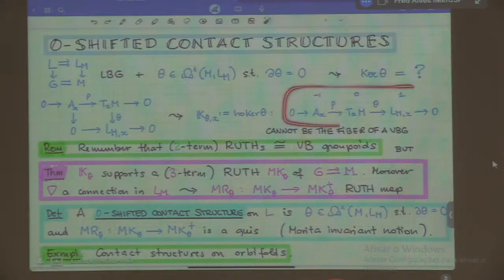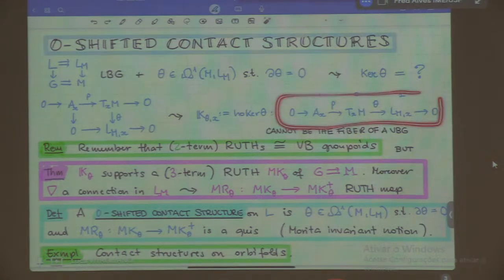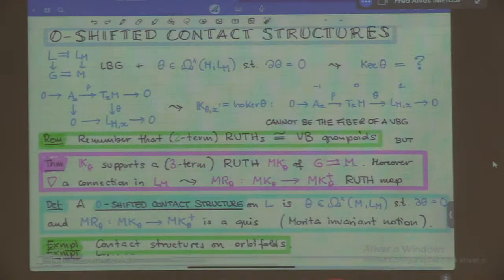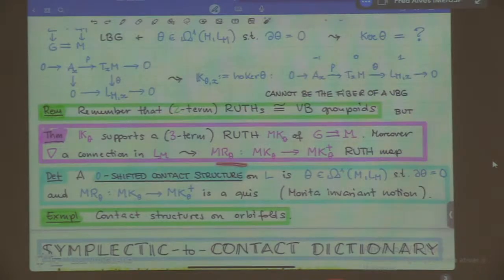Being this representation concentrated in both positive and negative degrees, probably it's the fiber of a higher derived vector bundle in some sense.